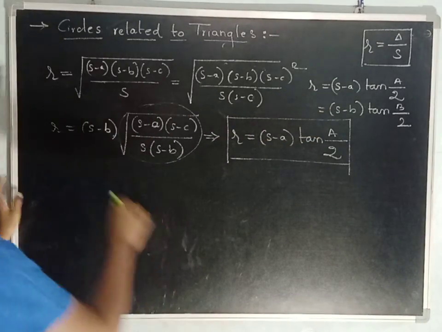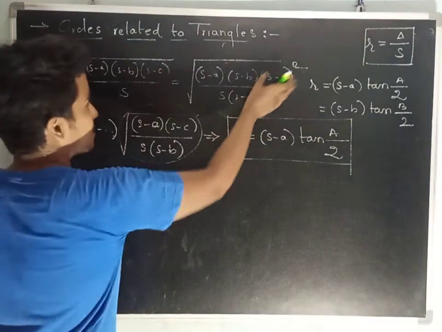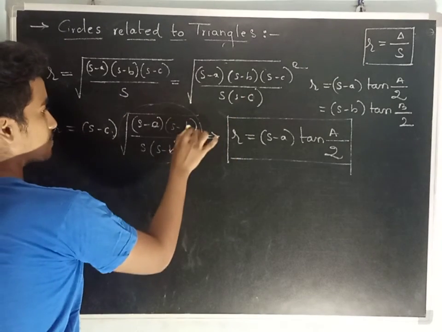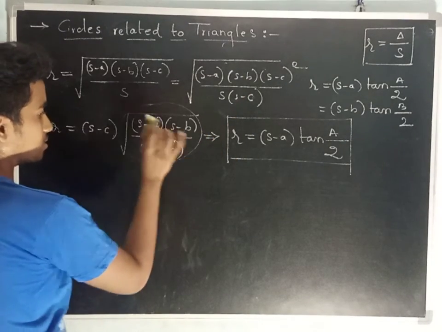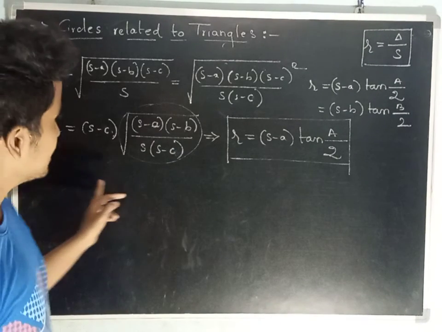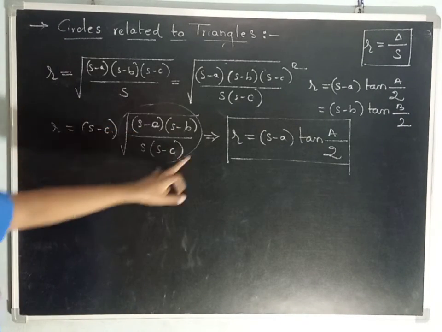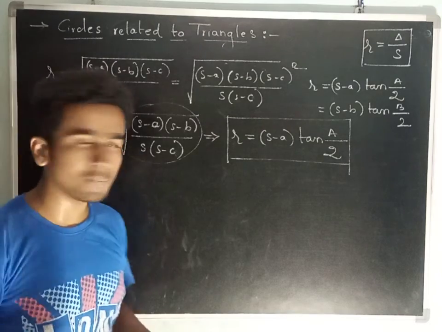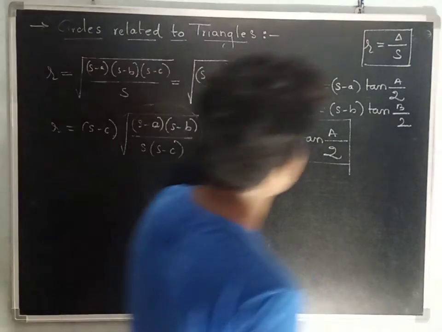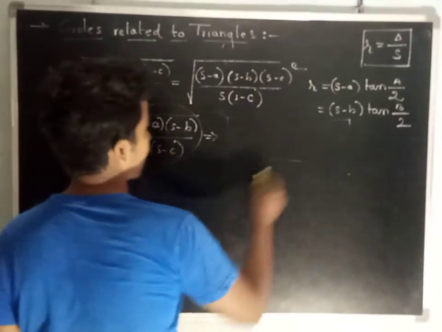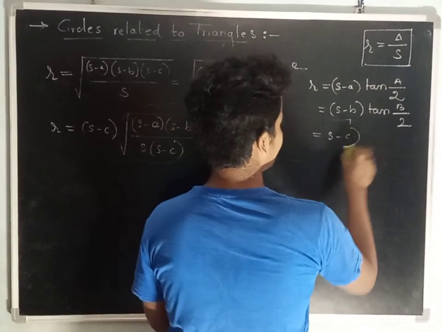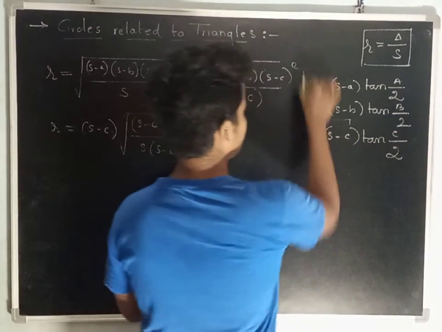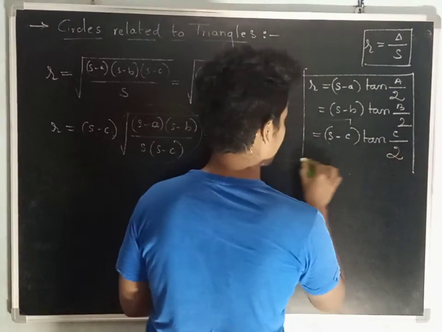Next, let me take (s minus c) whole square out, and finally I will get s minus c into root of (s minus a)(s minus b) by s(s minus c). This whole part shows us the direct form of tan C by 2. So r is equal to (s minus c) into tan C by 2.